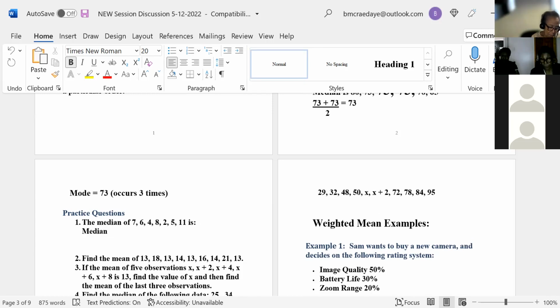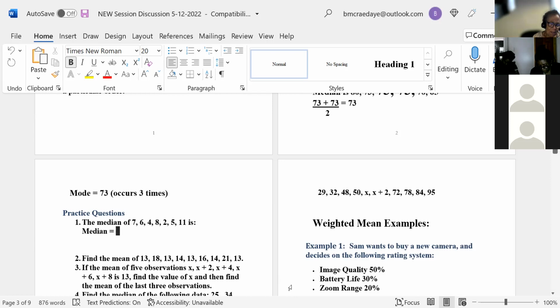Maureen, what did you get for the median? We have to add up all of those. Remember, for the median, they have to be in order, either increasing or decreasing. Maureen, you have the median? 6.1. 6.1?